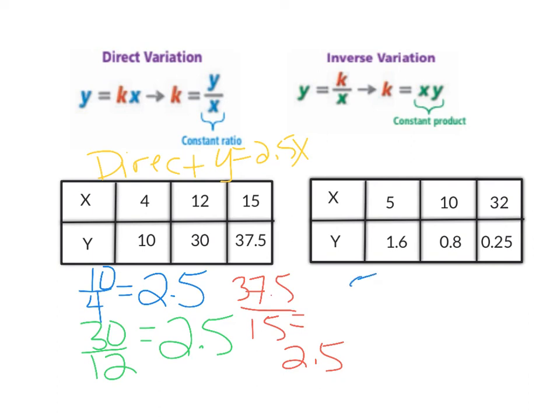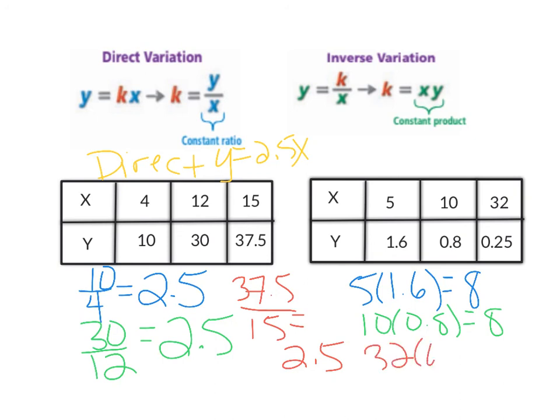When I multiply 5 by 1 6/10, I get 8. When I multiply my second pair of values, 10 by 8/10, I also get 8. And when I multiply my third set of values, 32 times 25/100ths, I get 8 again.